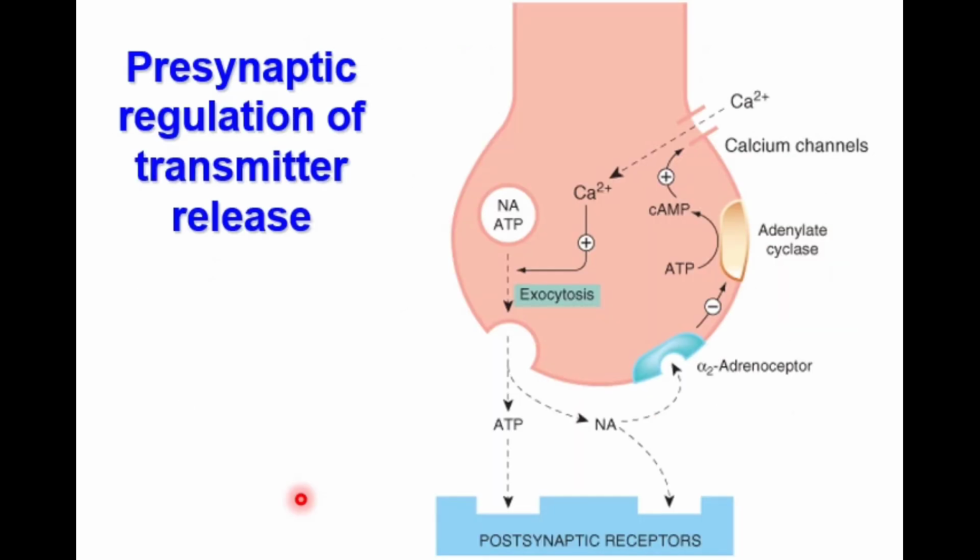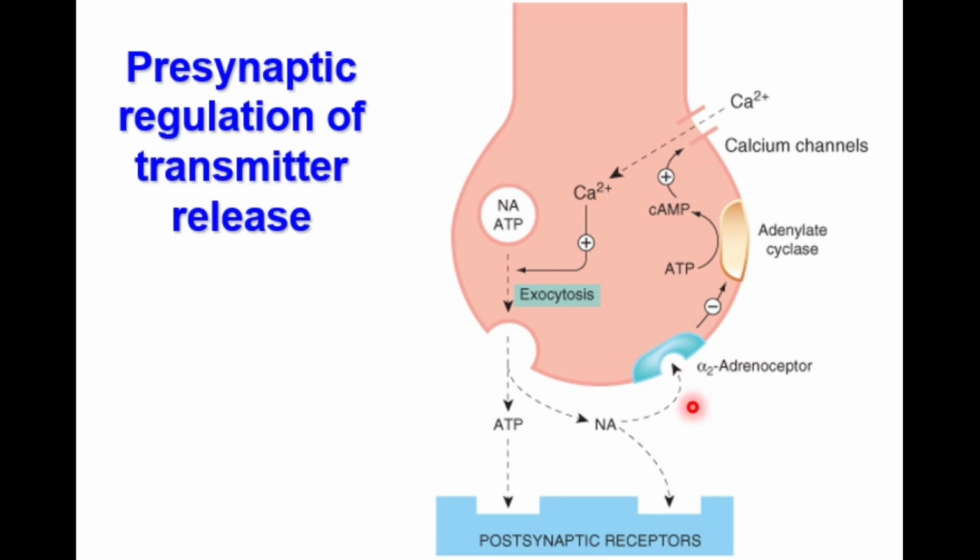Receptors are a typical biological target for drug action, as well as postsynaptic receptors. Presynaptic receptors are a site of action for some drugs. This diagram illustrates the physiological role of presynaptic adrenoreceptors.